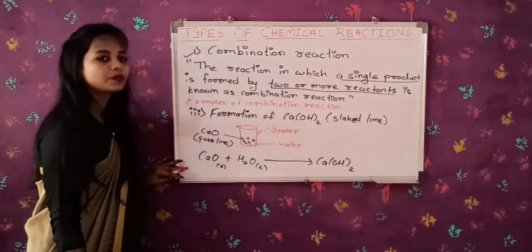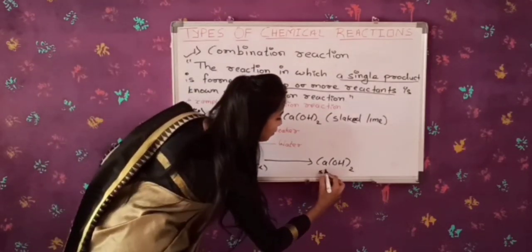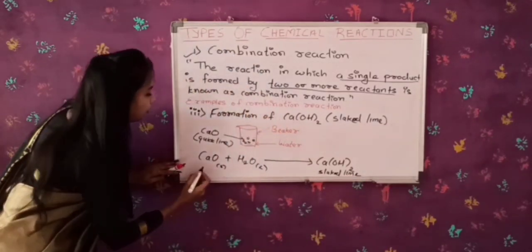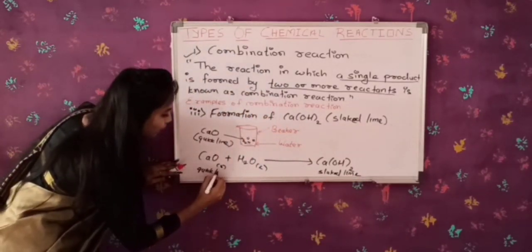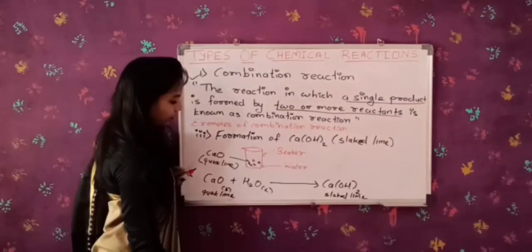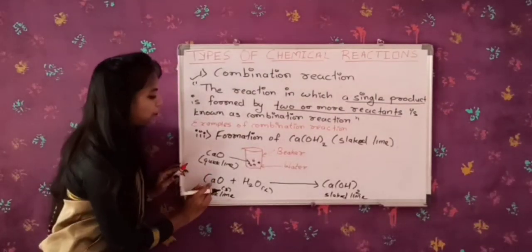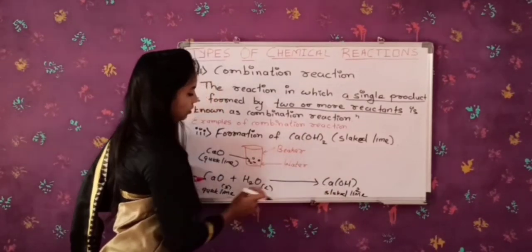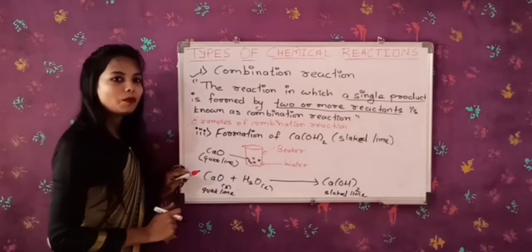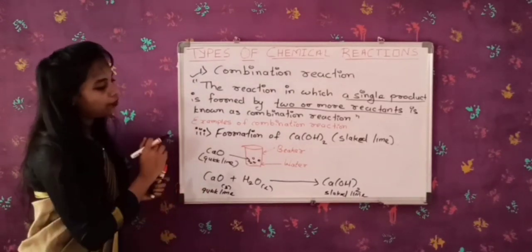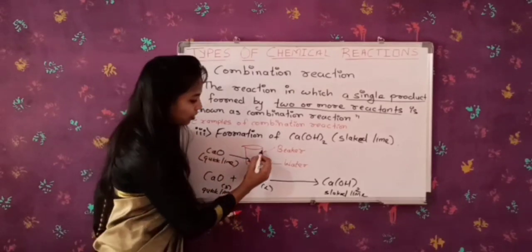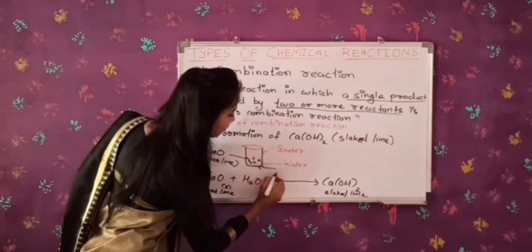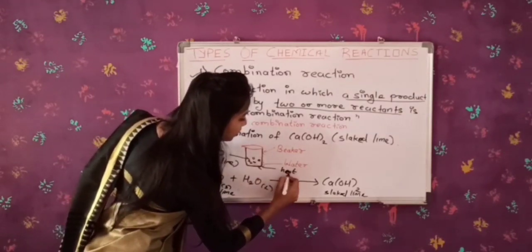It is calcium hydroxide and it is known as slaked lime, and CaO is known as quicklime. So here we can see there are two reactants which will combine to give single product. So thus these are also known as combination reaction. Now during this reaction, if we touch the wall of the beaker, we will feel some heat. Here some heat will be released.